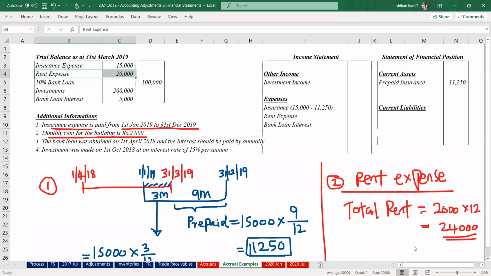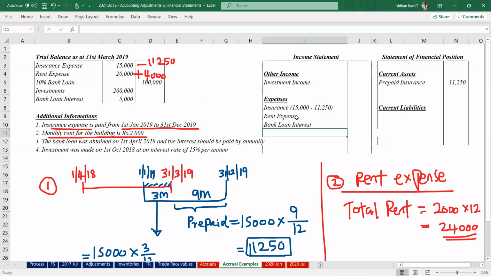Total rent expense is 24,000, but paid only 20,000. So this needs to be increased by 4,000. So rent expense needs to be increased: 20,000 paid plus 4,000 payable.